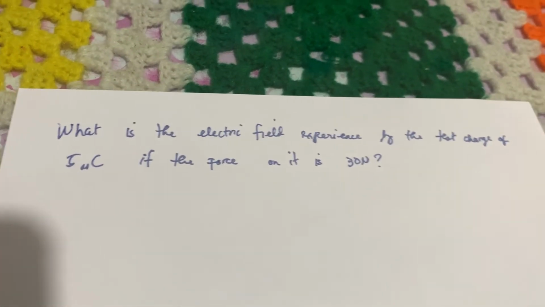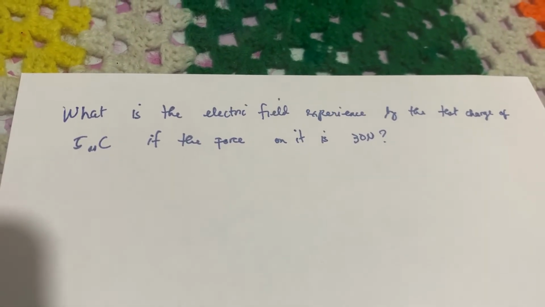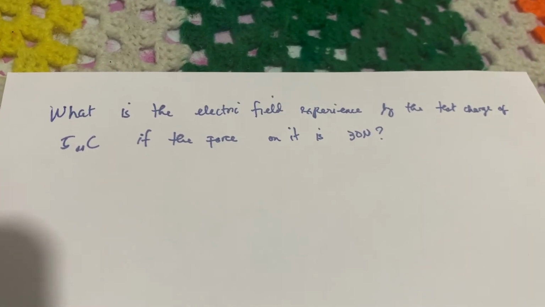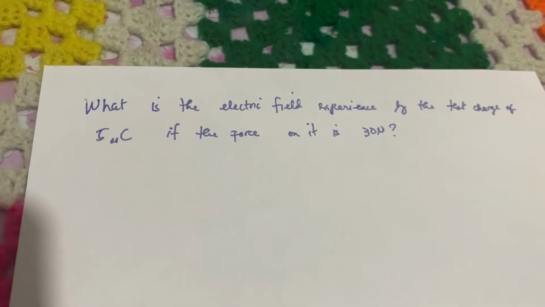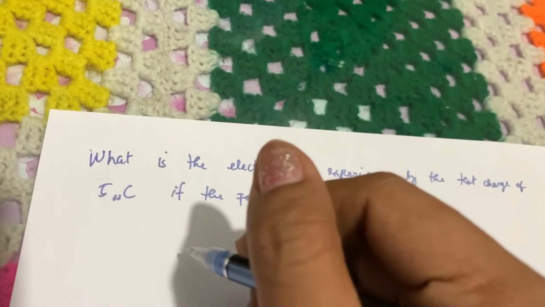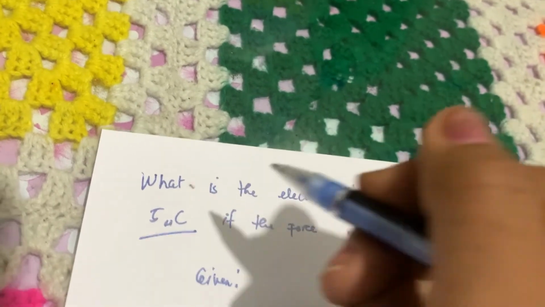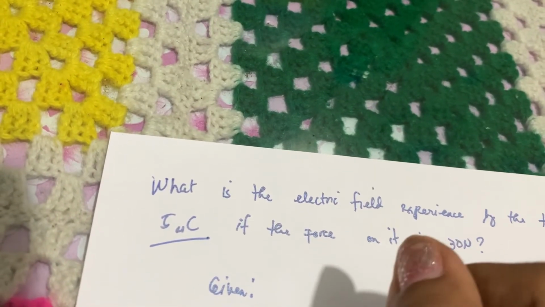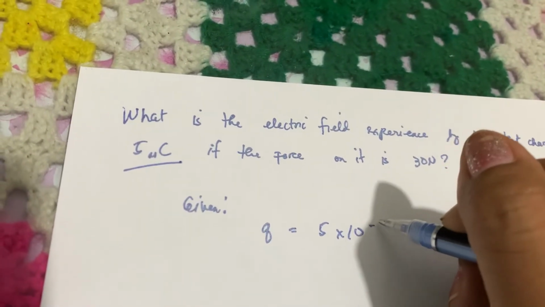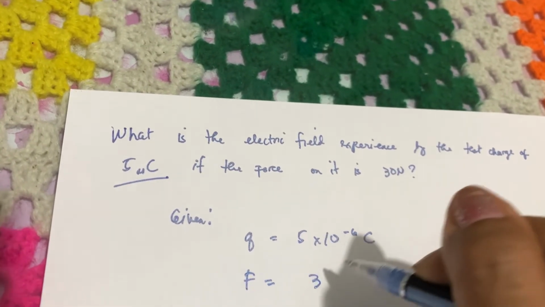Let's transfer here. This is the sample problem of the electric field. What is the electric field experienced by the test charge of 5 microcoulombs if the force on it is 30 Newton? Our given is the test charge of 5 microcoulomb, that is your Q, 5 times 10 raised to negative 6 coulomb. Your F is 30 Newton.